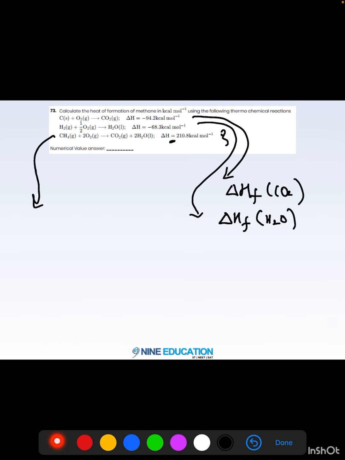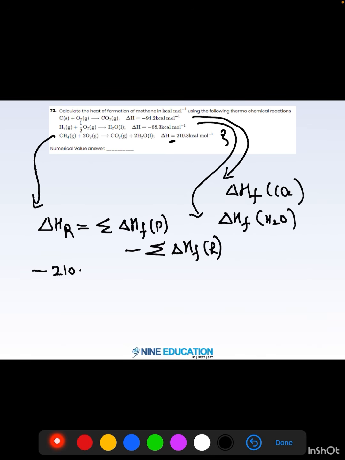Now if you look at the third reaction, we have CH4 plus 2O2 giving us CO2 plus 2 water. For this reaction we write the expression of the overall delta H of reaction, which is the summation of delta H formation of products minus the summation of delta H formation of reactants. Delta H of the overall reaction is already given, which is minus 210.8. Everything is given in kilocalories, so we need not worry about the units.